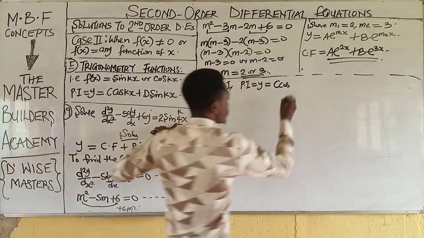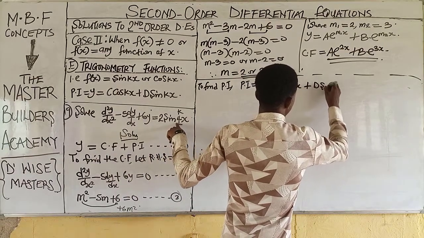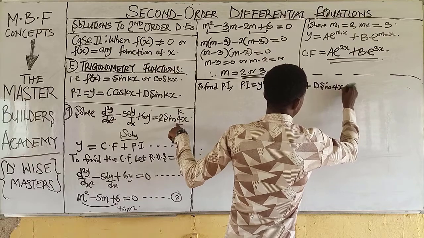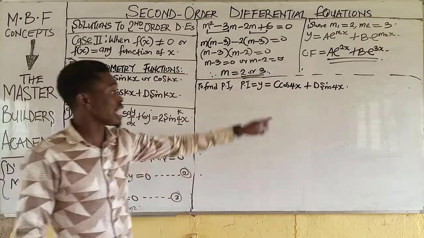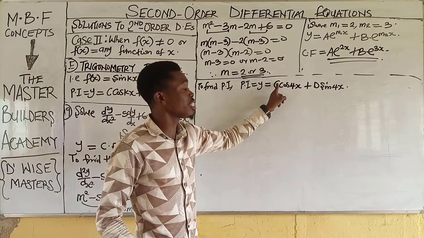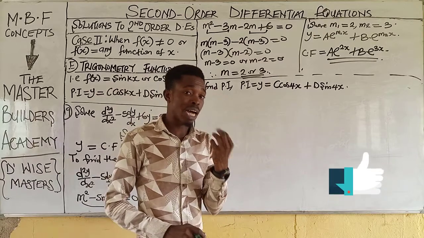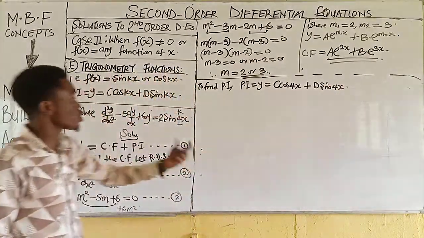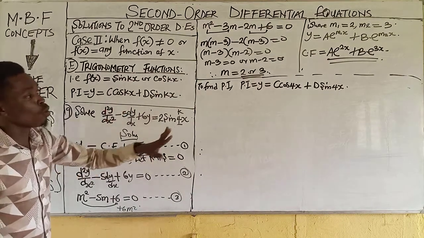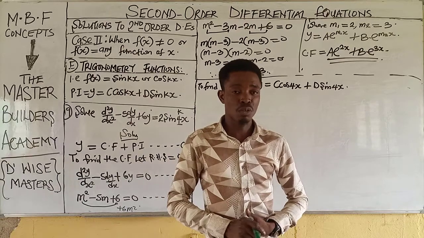So we have c cos 4x plus d sine 4x. Now that we know y, our interest now is to obtain the true value of c and d as usual. And for us to be able to do that, we need to differentiate this equation two consecutive times so that we can substitute into the given equation that will enable us to obtain the value of c and the value of d.